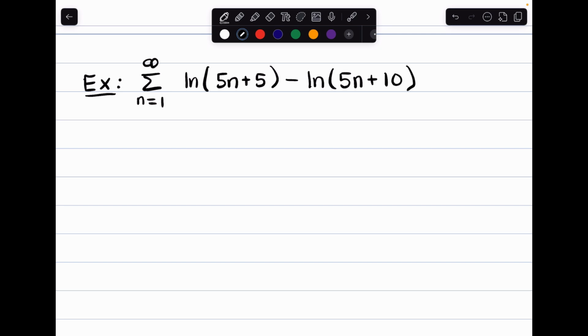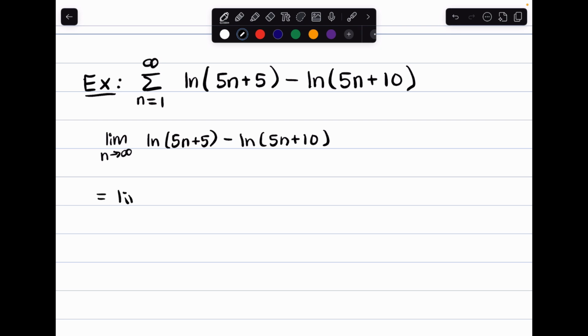Now, if you look at the limit as n goes to infinity of the terms in our sequence, we have natural log 5n plus 5 minus natural log 5n plus 10. You may try to see where this goes.